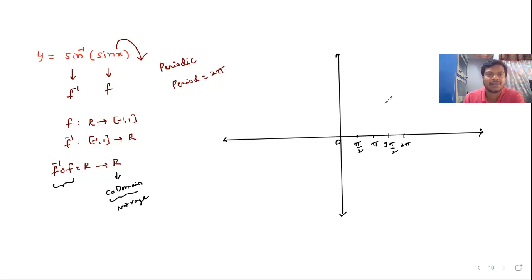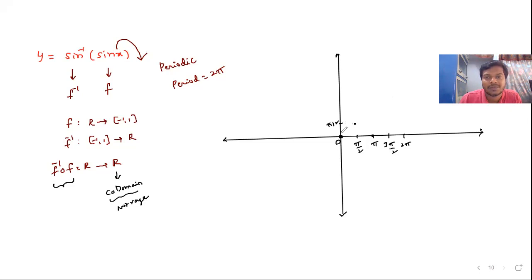After that, since it is periodic with period 2 pi, I can extend the graph. If you write 0, what happens? Sine inverse of sine 0 is 0. If you write pi by 2, sine inverse of sine pi by 2, sine 90 is 1, sine inverse 1 is again pi by 2. Next we get, at pi, 0. Sine pi is 0, sine inverse of 0 is 0.